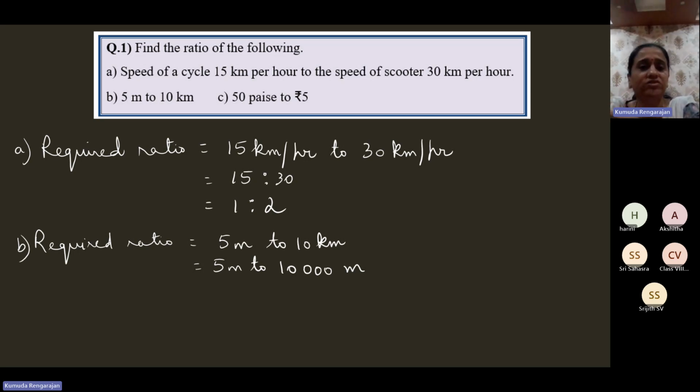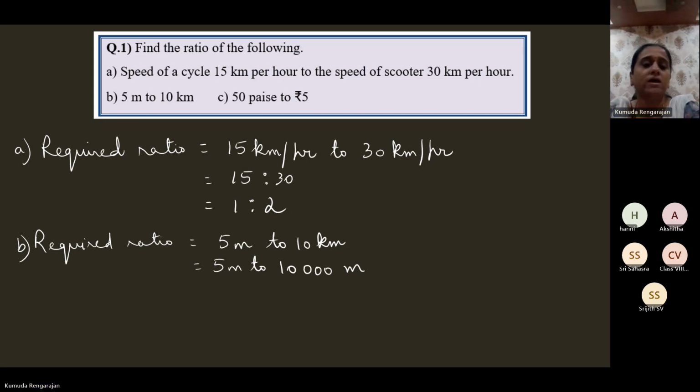If they have different units, you cannot find the ratio. Then you must convert and see to it that all of them have the same unit. All should be in meter or everything in centimeter or kilometer, whatever unit, but same unit.